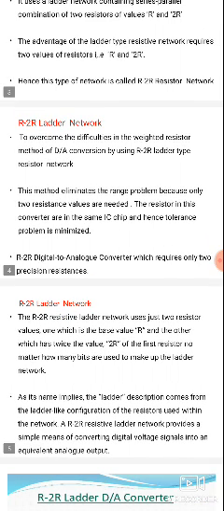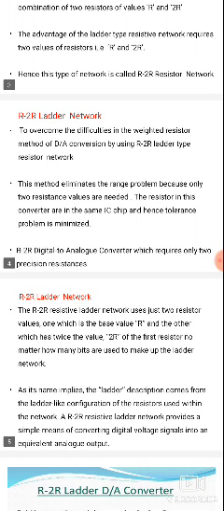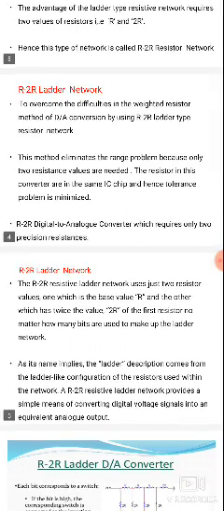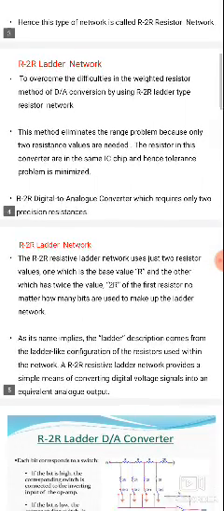This method eliminates the range problems because only two resistance values are needed. The resistors in this type of converter are in the same IC chip, the same integrated circuit, so the tolerance problems are also minimized.